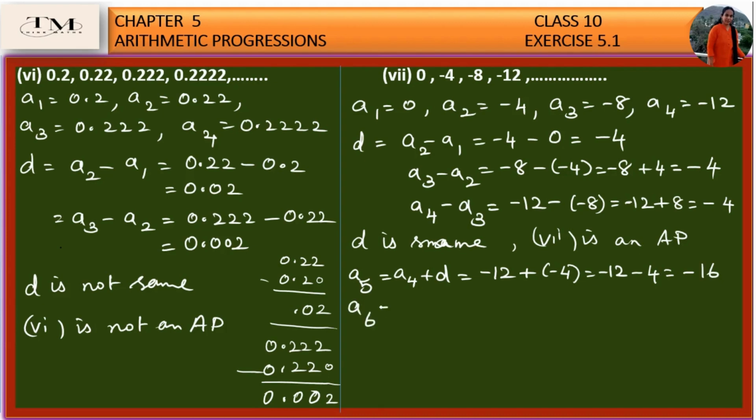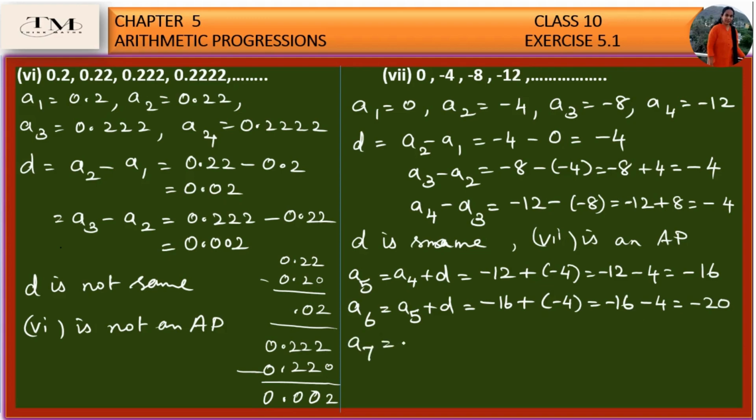Next A6, A5 plus D. So A5 is minus 16 plus what is D? It is minus 4. So minus 16 plus into minus is minus 4. Both are negative, same sign, put the same sign and add the numbers. 16 plus 4, it is 20.